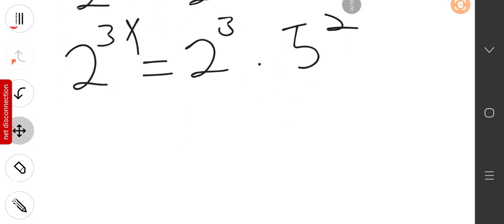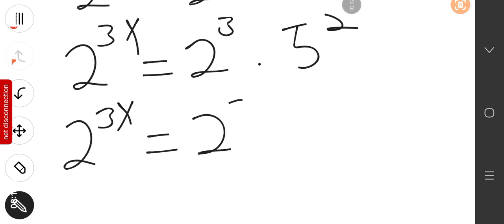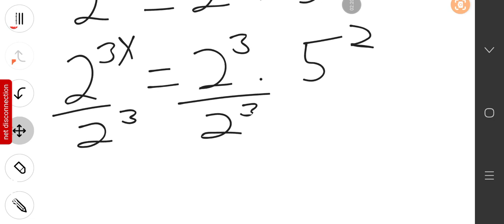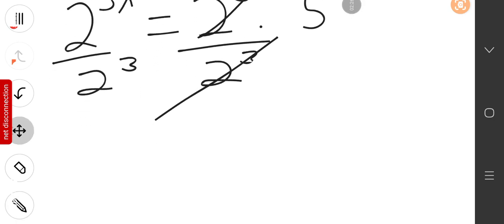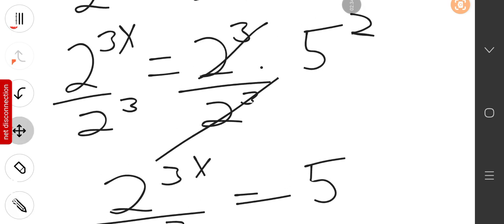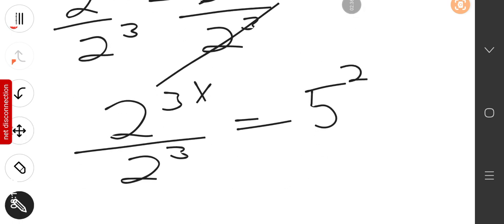At this point, we are going to divide here by 2^3 and here by 2^3, because we want to apply the quotient rule. Anything over itself is 1, so this part will give us 1. So our equation becomes 2^(3x) over 2^3 equals 5 squared.